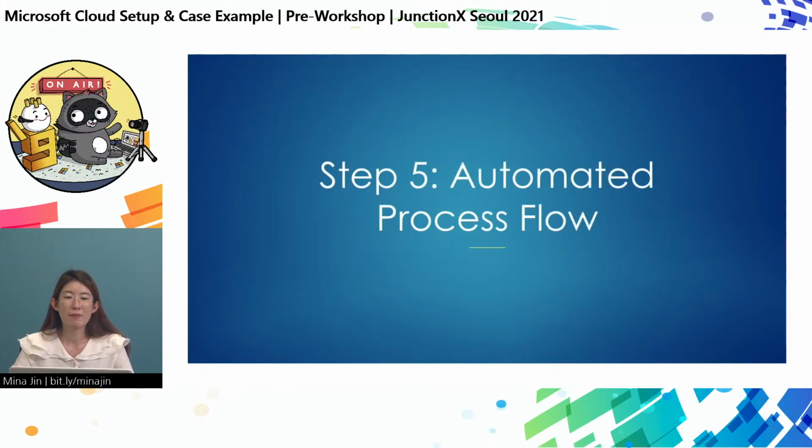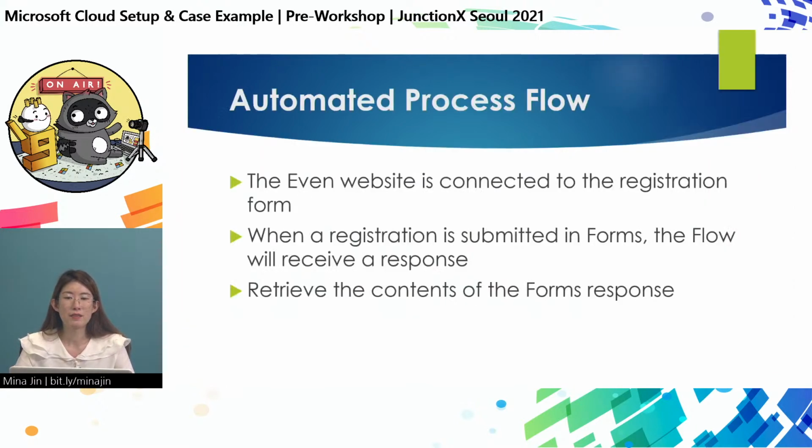The fifth step, in this flow with Power Automate, is to make this process automated. In this automated process flow, the event website is connected to the registration form.